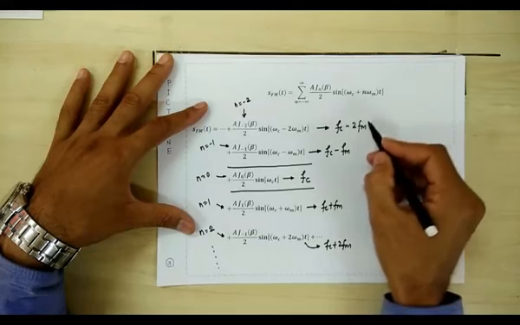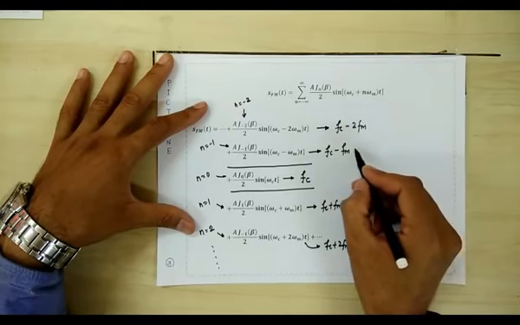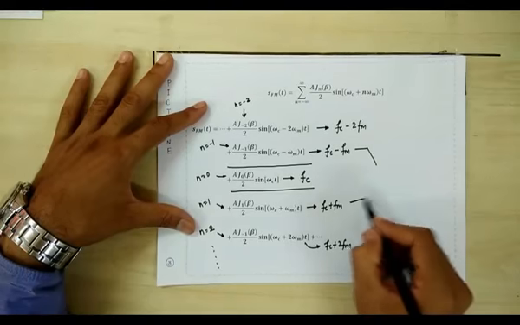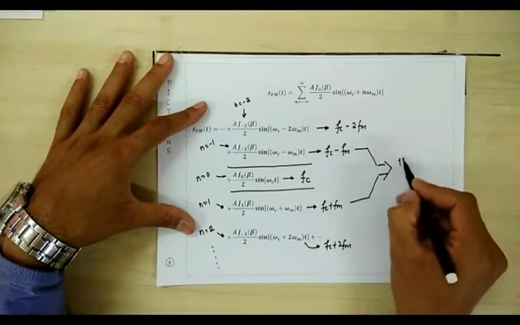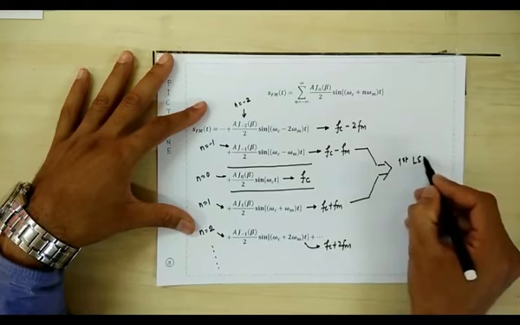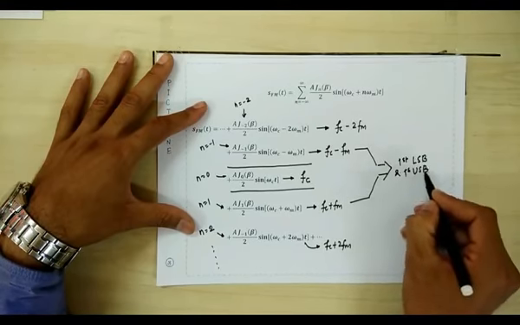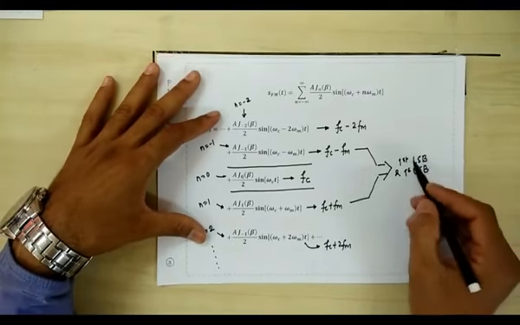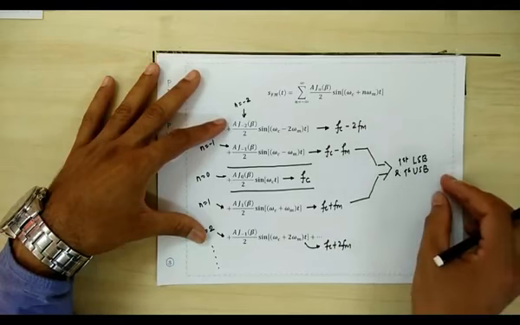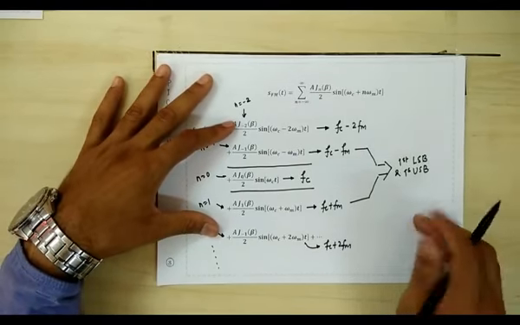So if you see this, this is located at minus 2 fm. If you start from here, this is this term and this term. This is my first lower sideband and first upper sideband. If you compare this with the AM equation, we get only one lower sideband and one upper sideband, depending on the value of message frequency if it is single tone modulation.